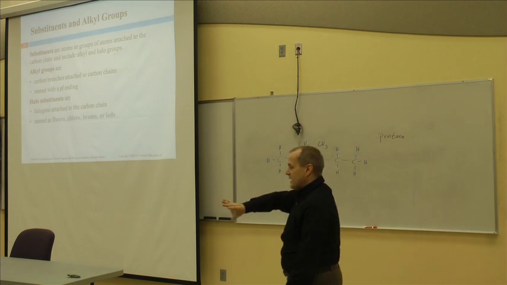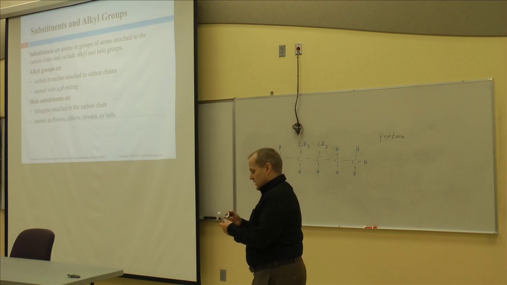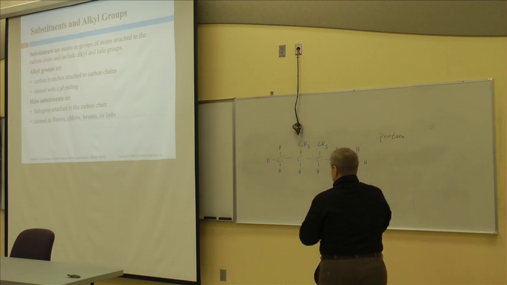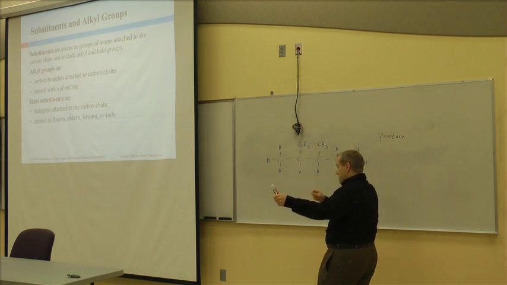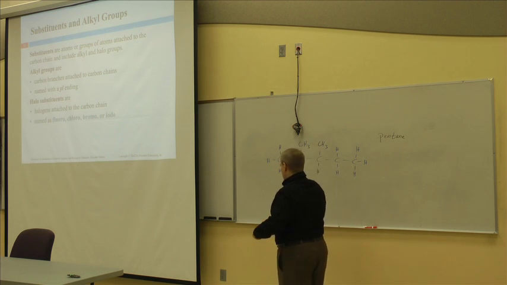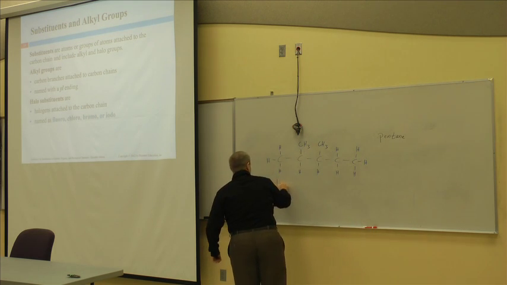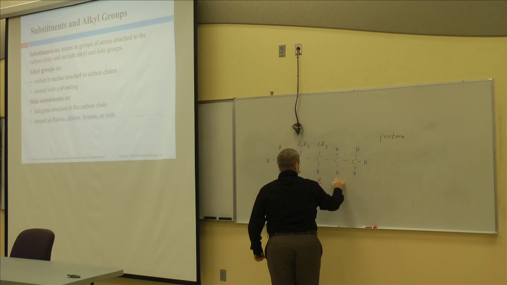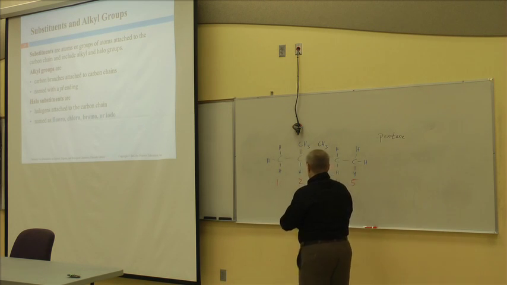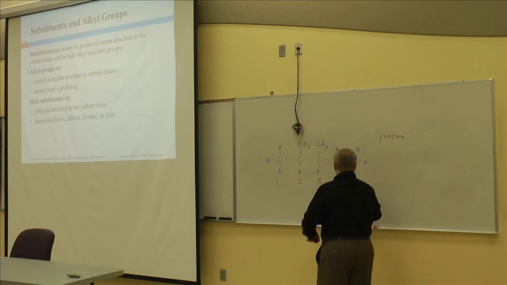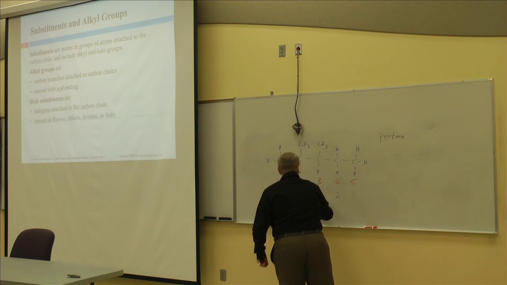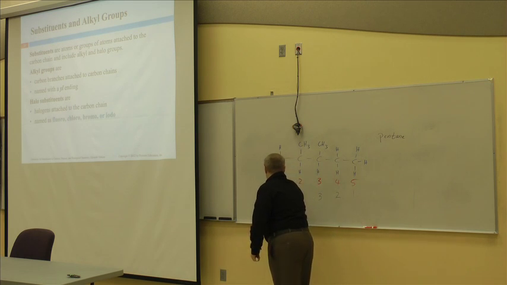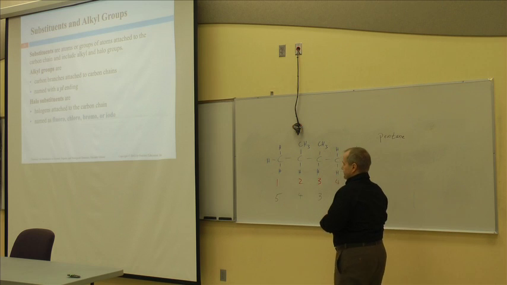That's going to be the ending of our name. So now, what do we do next? There we go. 1, 2, 3, 4, 5 in red ink. And 1, 2, 3, 4, 5 in black ink.